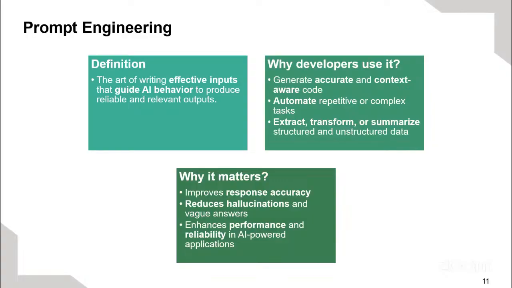We use prompt engineering because we can generate accurate and context-aware code. We can also automate repetitive and complex tasks, and we can interact with the data. And the better prompt engineering we do, the better responses we're going to get. We can reduce hallucination, and we can enhance the performance and reliability of these applications.